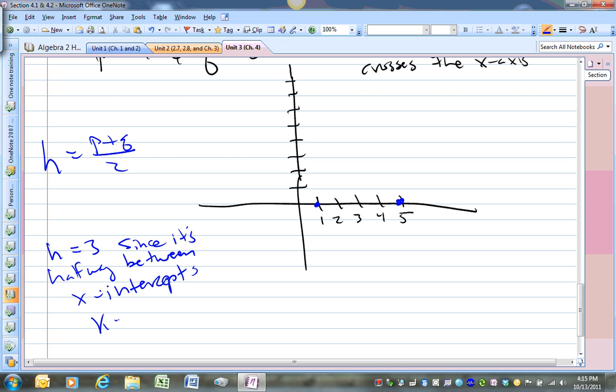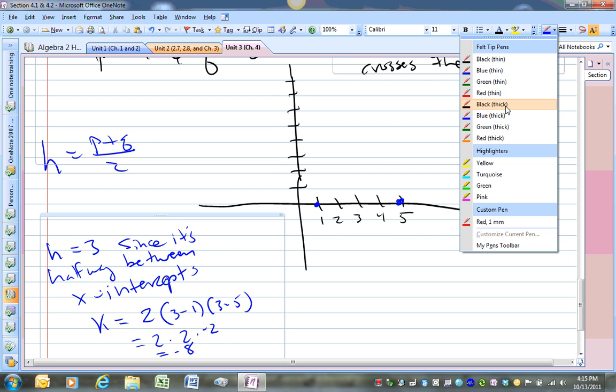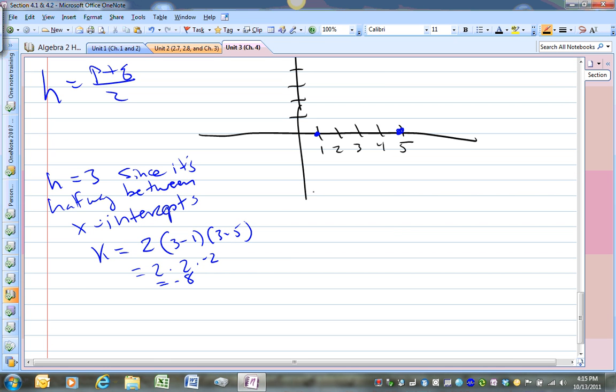So in k, you have 2 times 3 minus 1, times 3 minus 5. You get negative 8. So 1, 2, 3, 4, 5, 6, 7, 8. So locate 3, negative 8.